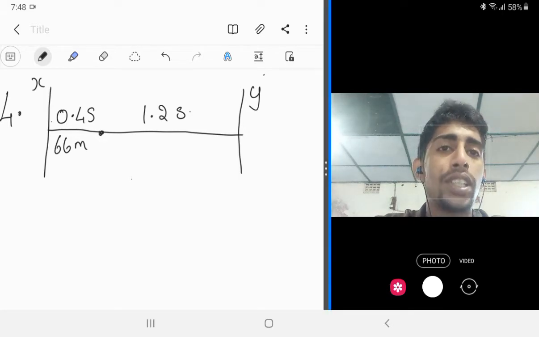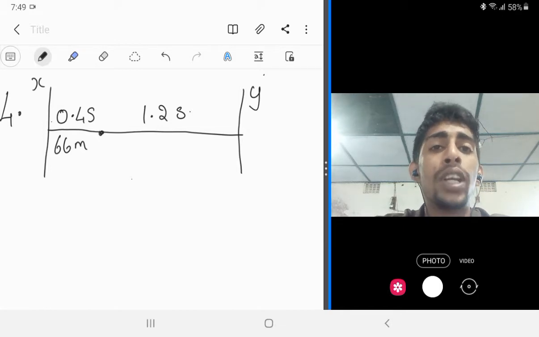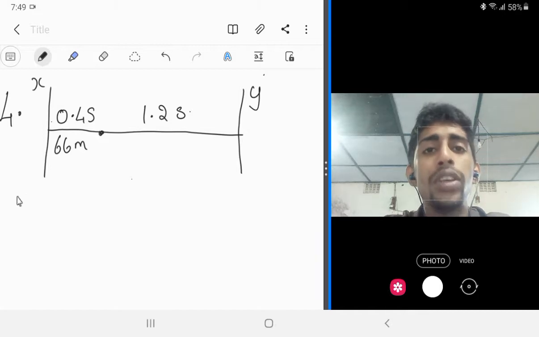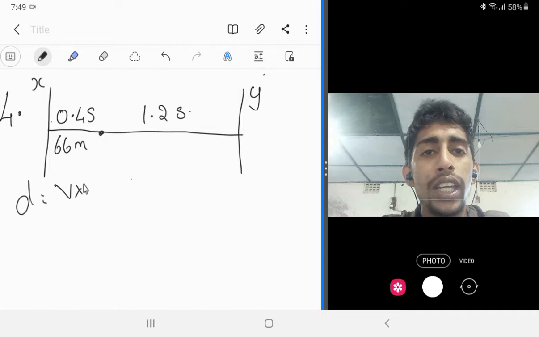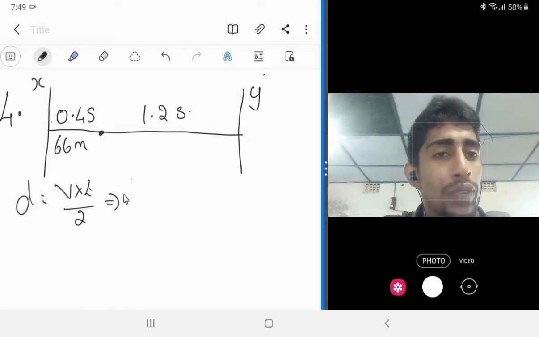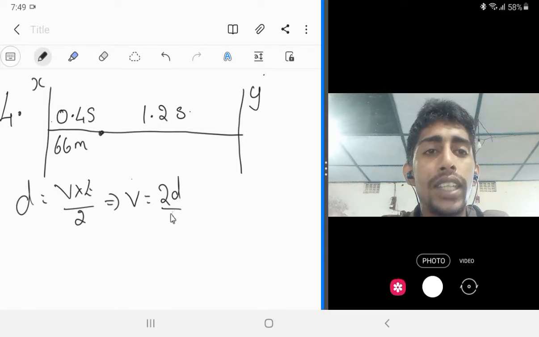For that, first thing we have the time and the distance. So you just write the equation. We know the equation d is equal to v into t by 2. From here we will get v is equal to 2d by t.